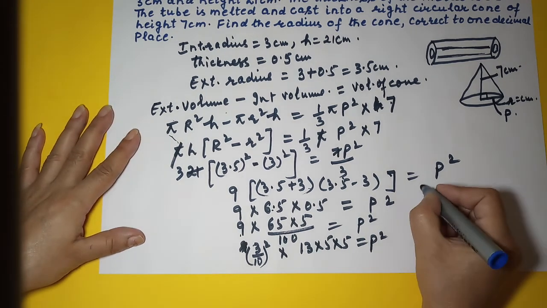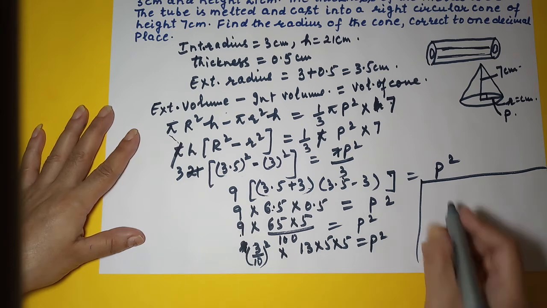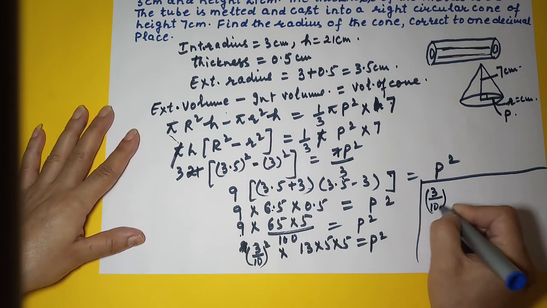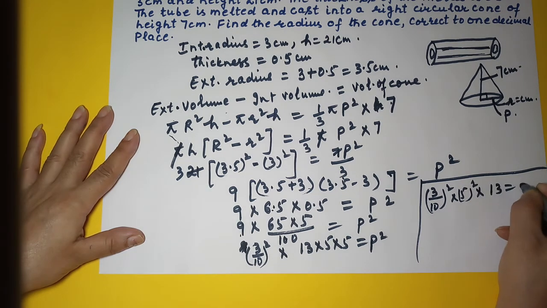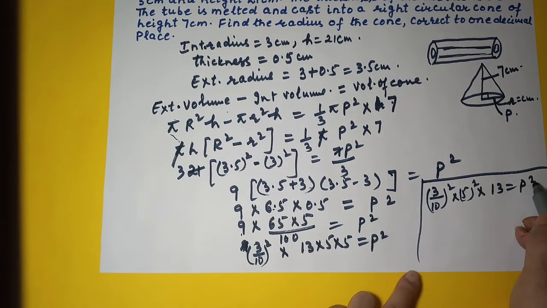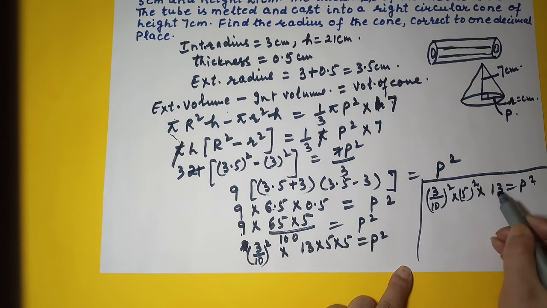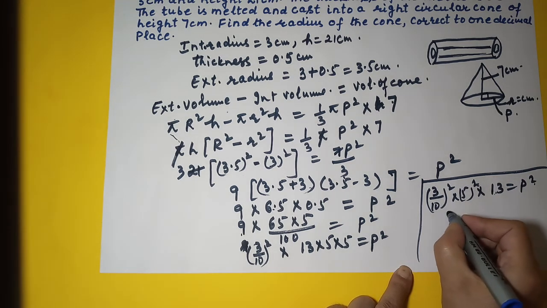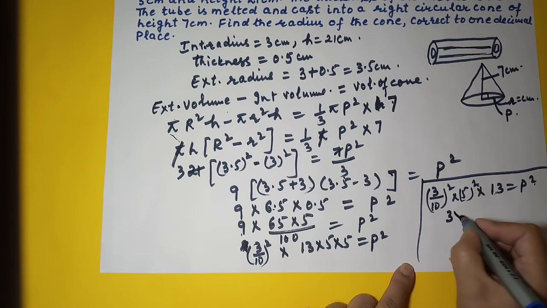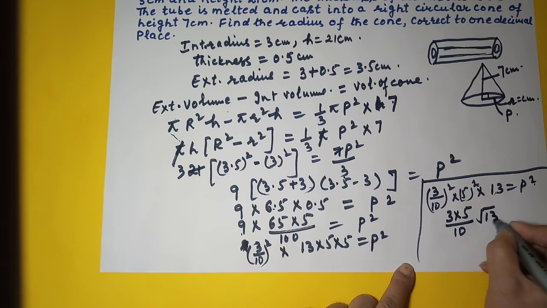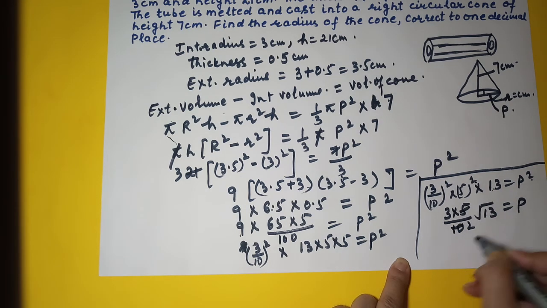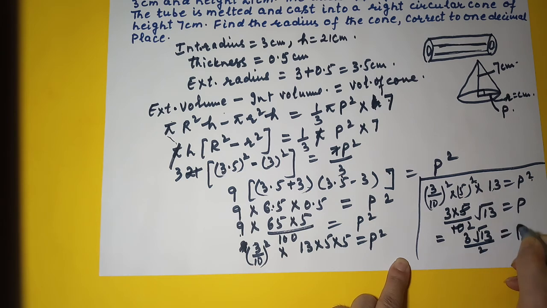Further what you can do is write 3 by 10 whole square into 5 whole square into 13 equals p square. Now this square and these two will go and root will remain with 13. So you will have 3 into 5 upon 10 root 13 equals p, which is the radius here. Now 5 2s are 10, so you are left with 3 root 13 upon 2 equals p.